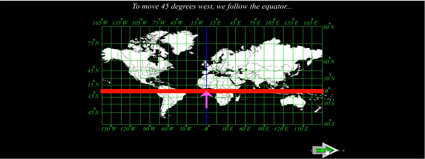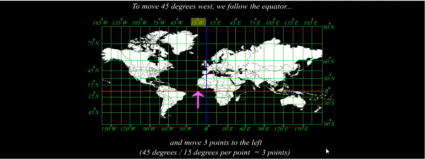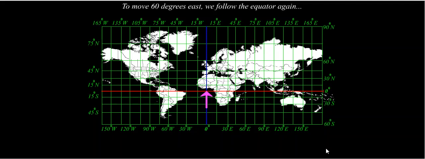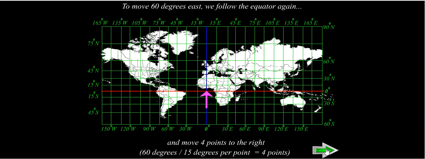To move 45 degrees west, we follow the equator and move 3 points to the left. 45 degrees divided by 15 degrees per point equals 3 points. To move 60 degrees east, we follow the equator again and move 4 points to the right. 60 degrees divided by 15 degrees per point equals 4 points.